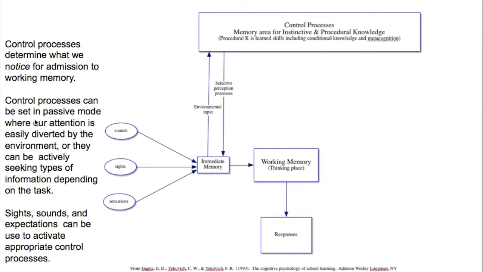And they can be set to passive mode, where we don't actually need to be paying attention to it, and our attention can be diverted by the environment. But the control processes can also be set to actively seek information from the environment depending on the task.